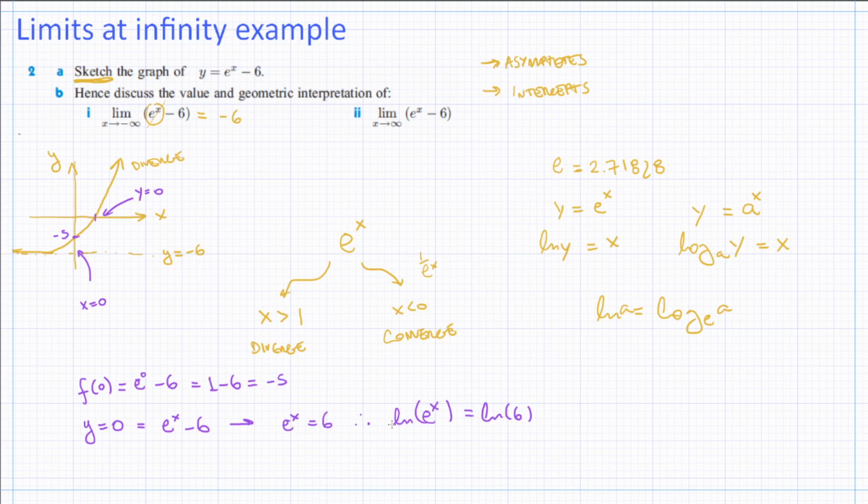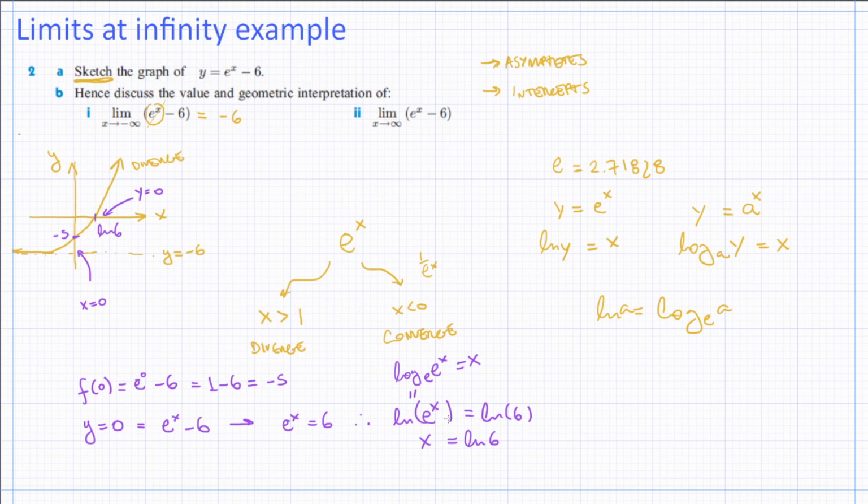Now when I take natural log of e to the power of x, the base of natural log, this is log base e to the power of x. So this is x. Okay? So x is natural log of 6. And unless you put this in your calculator, that's what you're gonna have.